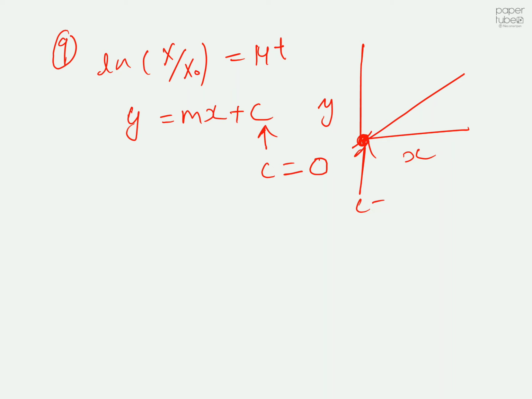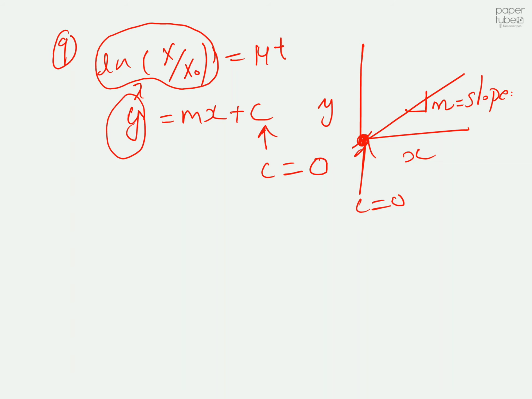That's why c is equal to 0, and your slope value will obviously be equal to m. In this case your y value is equal to ln of X by X0, x is equal to your time here, your slope value will be equal to m, and your intercept value will be equal to 0. That's the idea behind this.